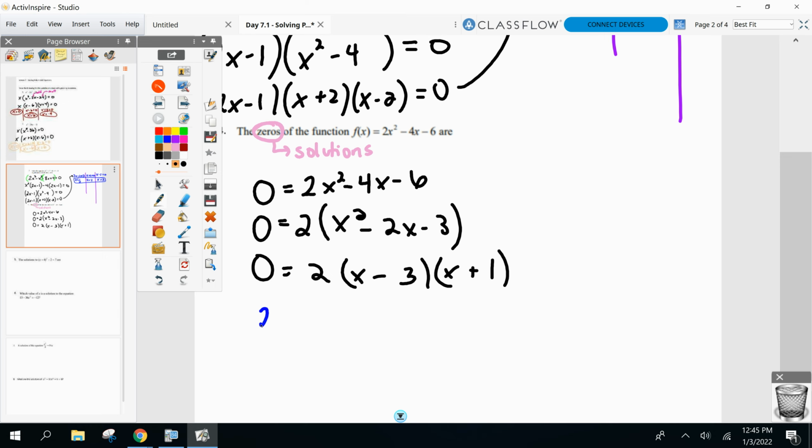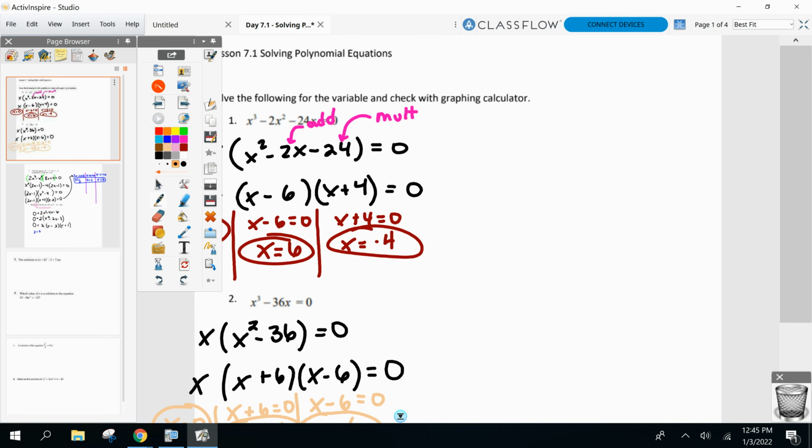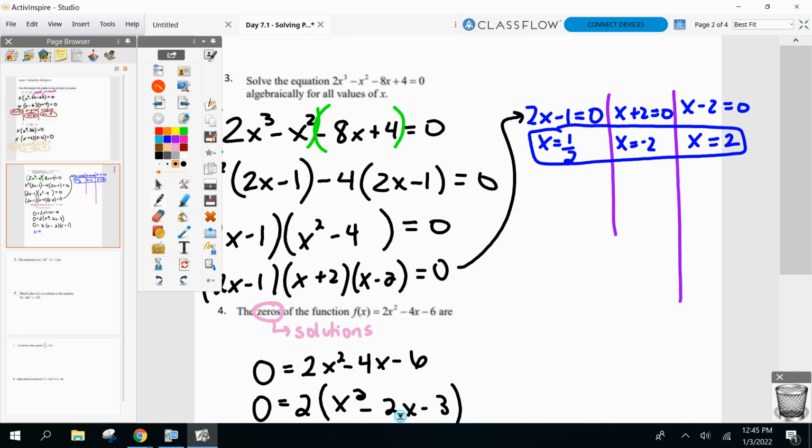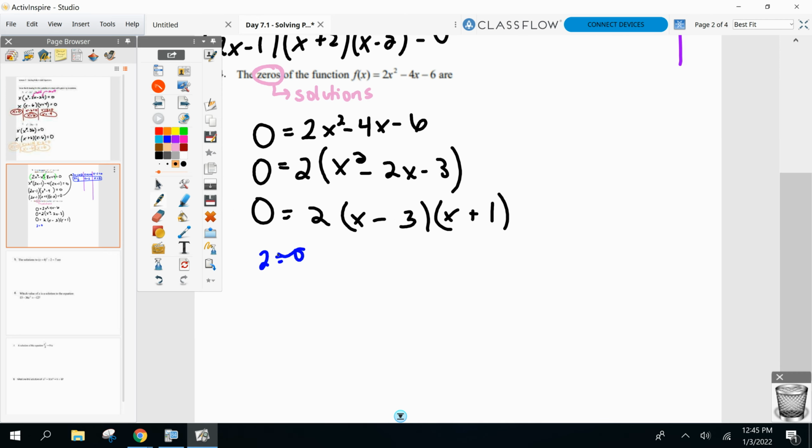Does this make sense? 2 equals 0 when I set it equal to 0? No. So unless the GCF has a variable in it, you're not going to set it equal to 0. 2 has nothing to do with my answer at all. It's not going to be part of it. 2 equal to 0 doesn't make any sense. So that's gone.